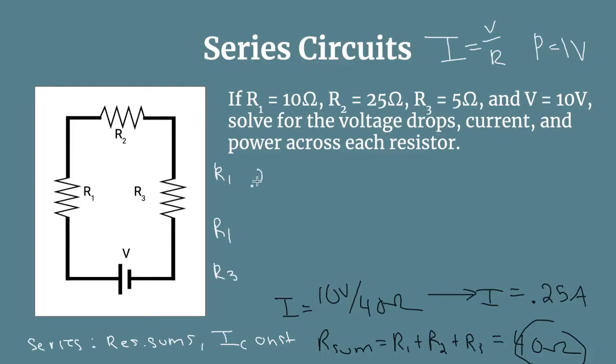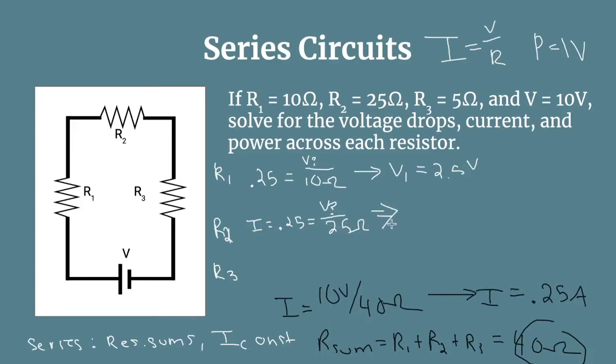So if we have current 0.25, and this is again applying Ohm's law, equals the voltage of this specific one, which we don't know, over the resistance of R1, which is 10 ohms. And we can use this to find that the voltage drop across R1 is equal to 2.5. Doing the same process for R2, we have I, which equals 0.25, and this equals V over R. We don't know what V is, it's another question mark, over the resistance, which is 25 ohms.